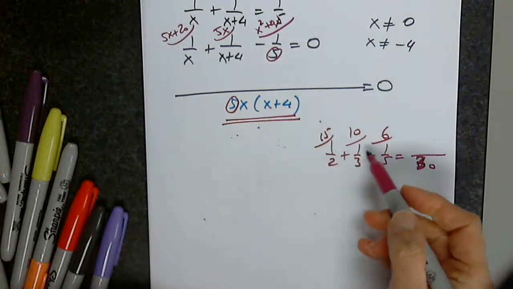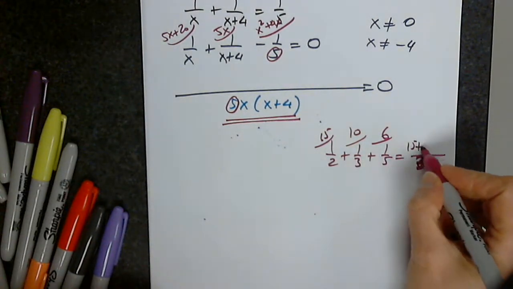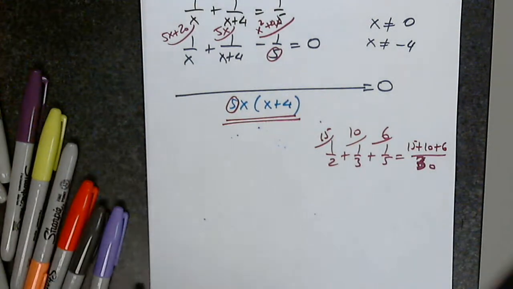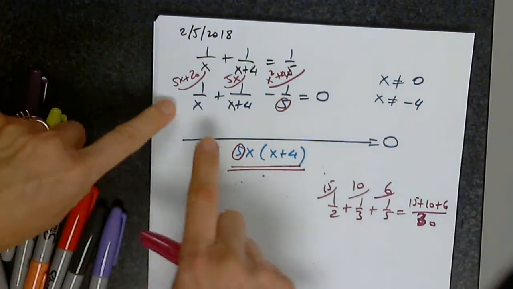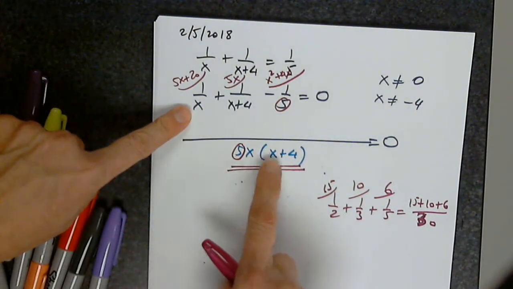So then I will have 15 plus 10 plus 6. Is this better? Do we understand what's happening here? So we are only mimicking this. So one more time, x was multiplied by this and this.